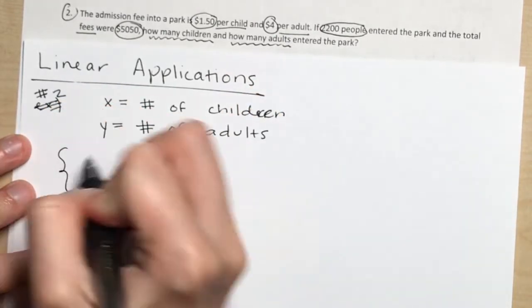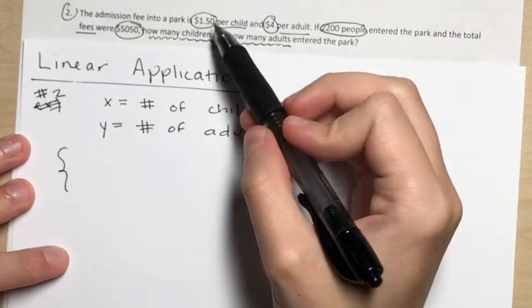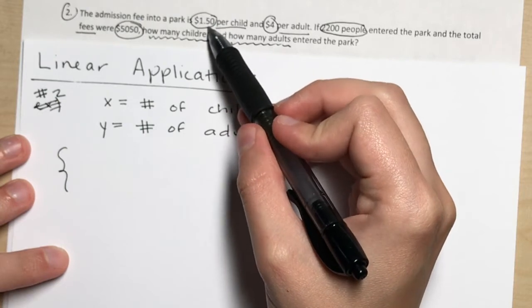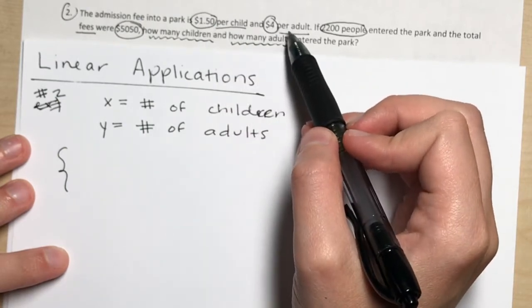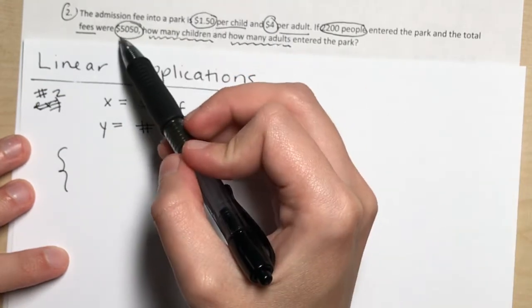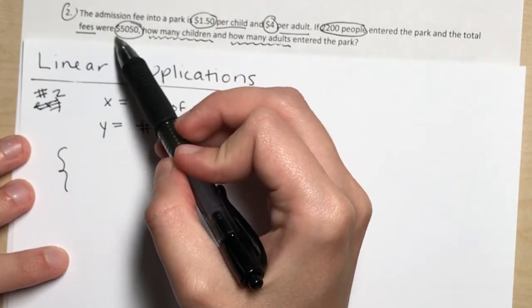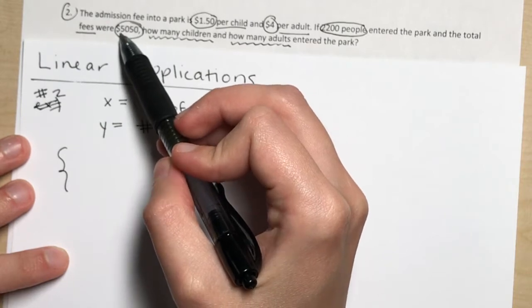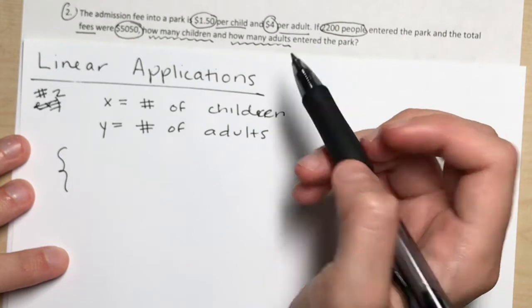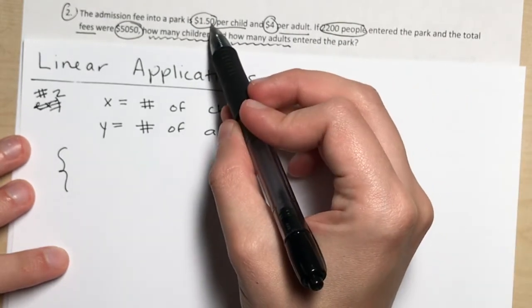Okay, now let's write our equations. What do we know? We know that admission is $1.50 per child and $4 per adult. We also know that the total amount folks paid to get in was $5,050. So how can we use that?